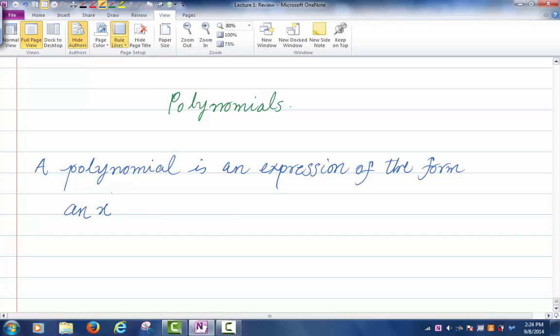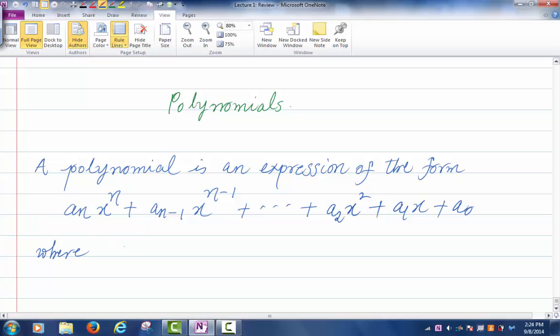an x to the n plus an minus 1 x to the n minus 1 plus dot dot dot plus a2 x to the 2 plus a1 x plus a0, where n is a non-negative integer, so it could be 0, and a0, a1, dot dot dot up to an, these are real numbers.